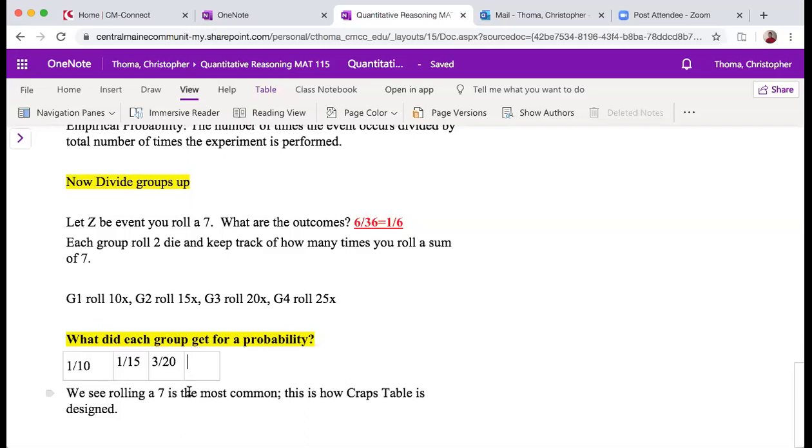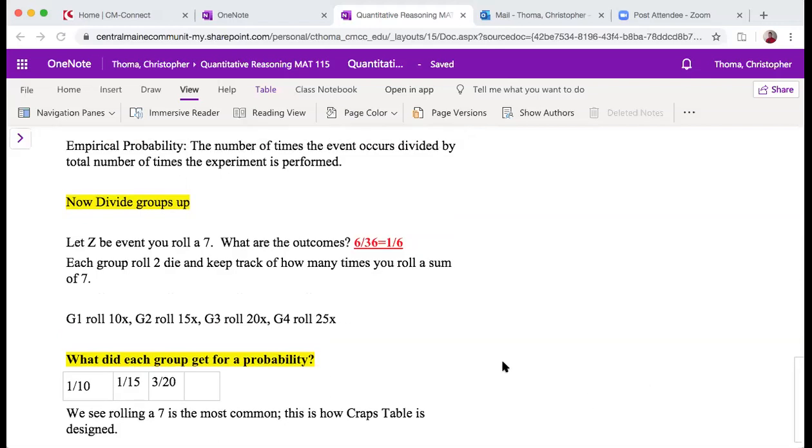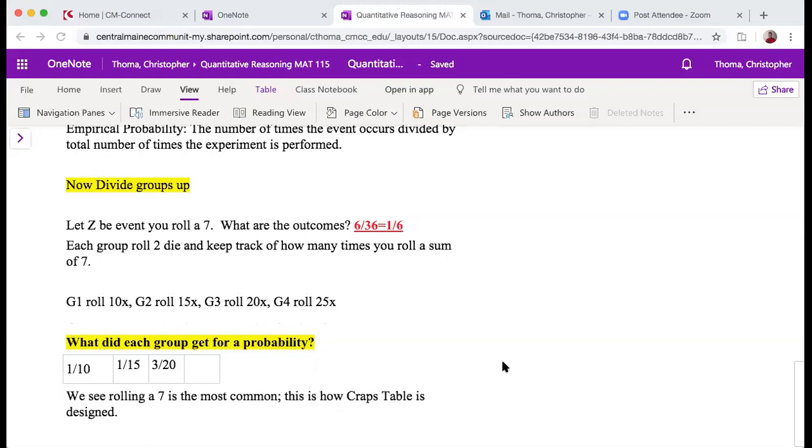Yahtzee! So you get a couple more chances of getting some of these results. Oh, I rolled one. All right. And like I said, our sample is going to be small because there are only four of us participating. I guess I could have rolled twice to increase the numbers a little bit.